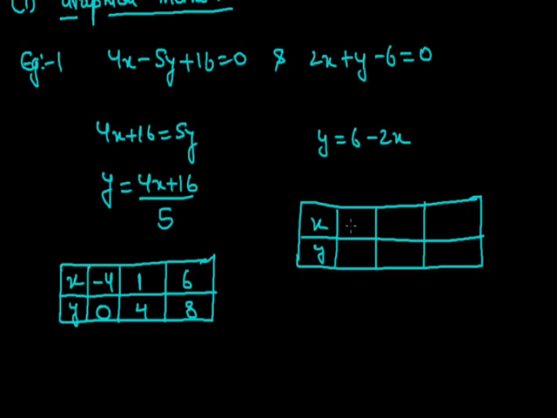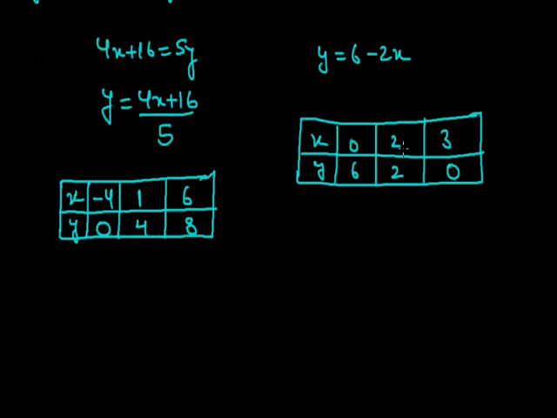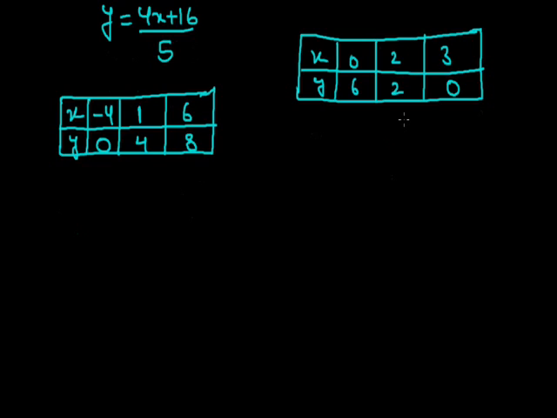If I take the value of x as, let's say, 0, I will get the value of y as 6. If I take x as 2, I will get y as 2. If I take x as 3, I will get y as 0. Now, as I've got 3 values for both the equations, I will use these values to represent this linear equation graphically.